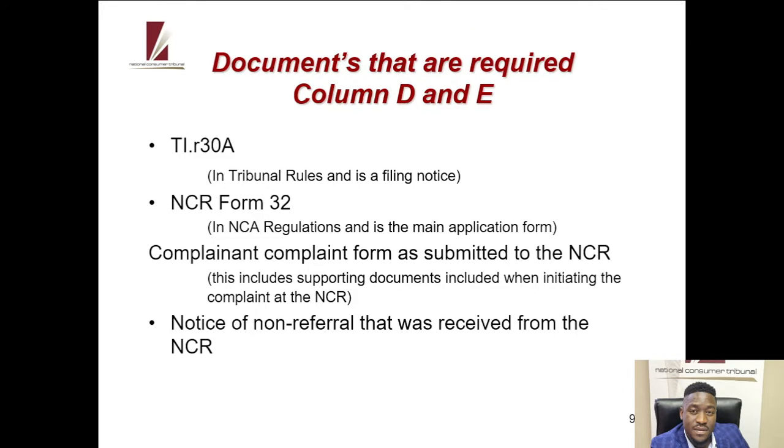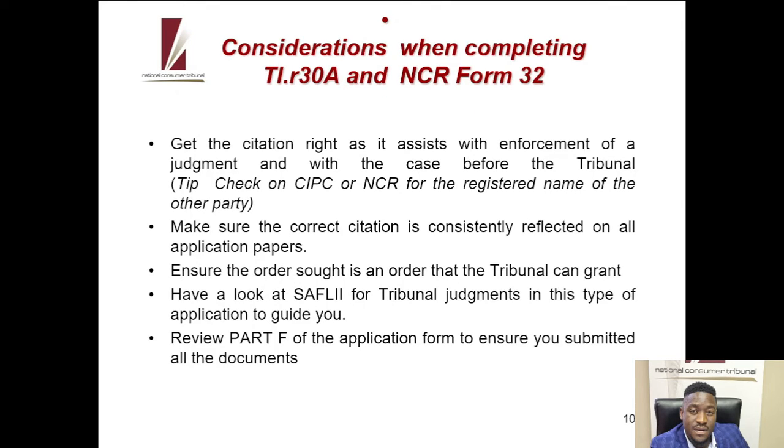The required documents for a Section 141 application are as follows: the tribunal's filing notice, which is Form TI R30A, the NCR's completed complaint form, which is Form 32, the complaint form as submitted to the NCR. This includes supporting documents that were submitted to the NCR along with the complaint form. And lastly, the notice of non-referral that was received from the NCR.